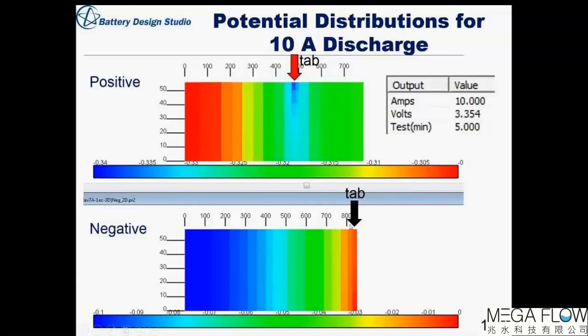On the negative electrode, the tab is on the end, and so you can see a steady voltage loss from the tab down to the end. The scale here is 0.3 to 0.34, so about 40 millivolt maximum for the positive, and on the negative, about 100 millivolt drop.